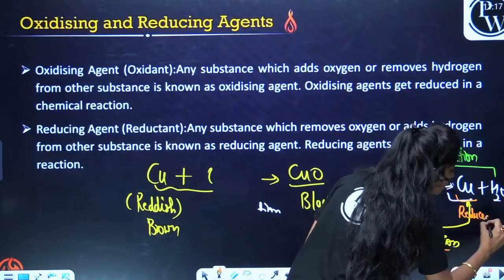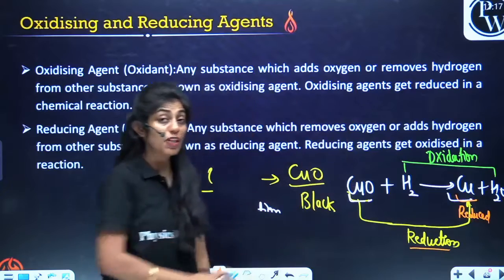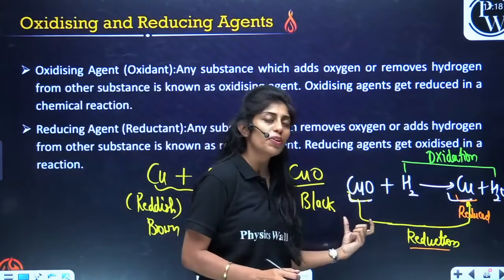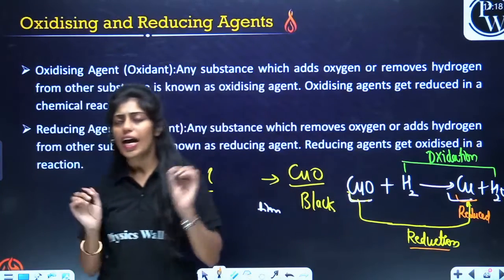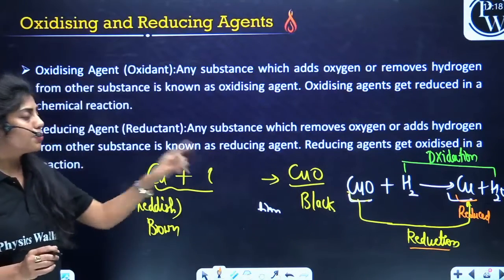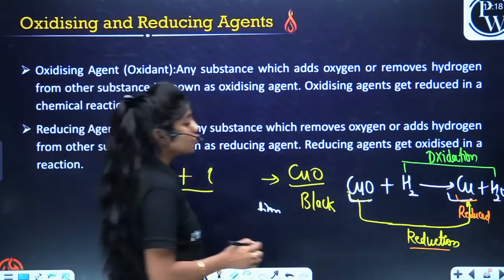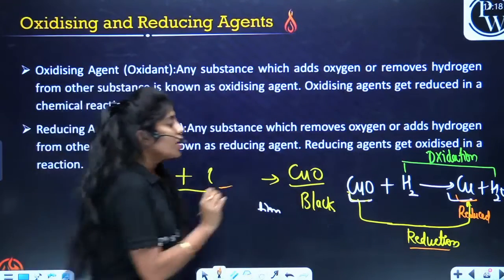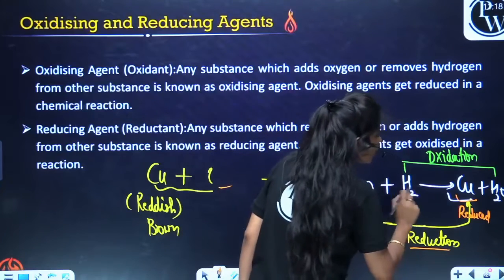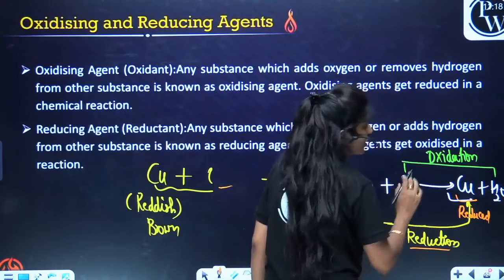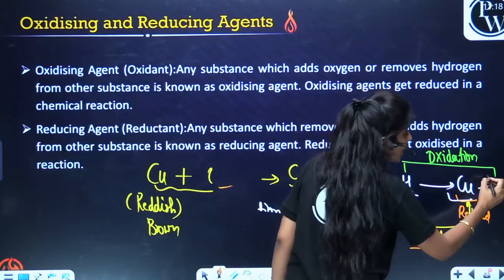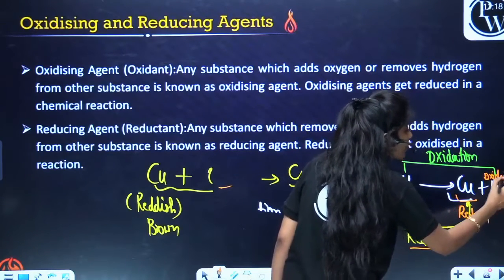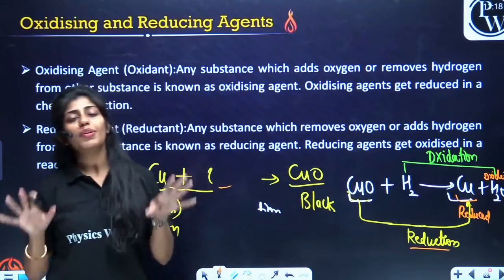Yes or no? So this species is reduced when I compare reactant side copper oxide to copper only. I can definitely say this species is reduced because it has undergone reduction. Is that clear? Yes or no? Okay. Now, this hydrogen, which is alone, now having oxygen with itself, the oxidation process happened. So I can say this is oxidized. Yes or no? It has consumed oxygen, so it will be oxidized.